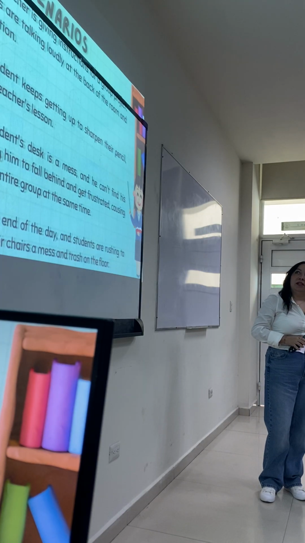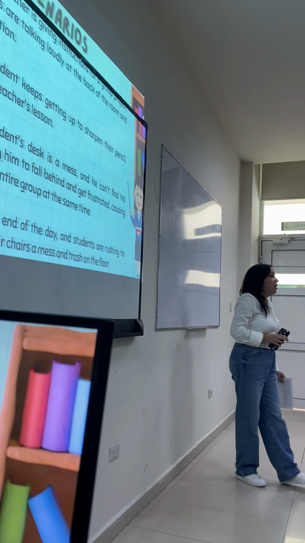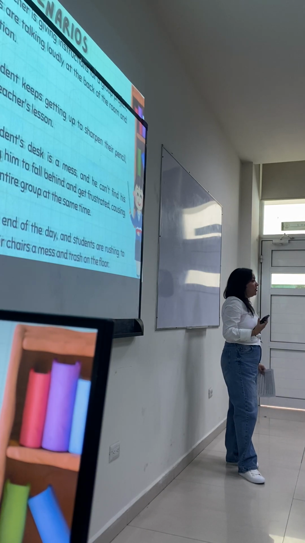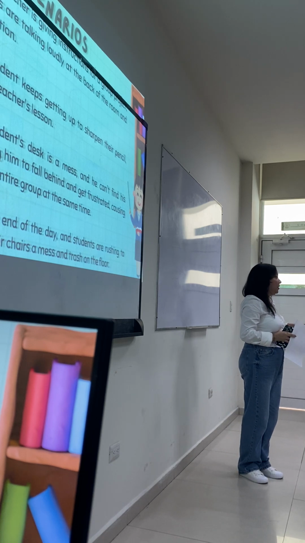So the first one says, the teacher is giving instructions for a group project, but two students are talking loudly at the back of the room and not paying attention. Okay, so as a teacher, someone can tell me what you can do in that situation to create a good environment.